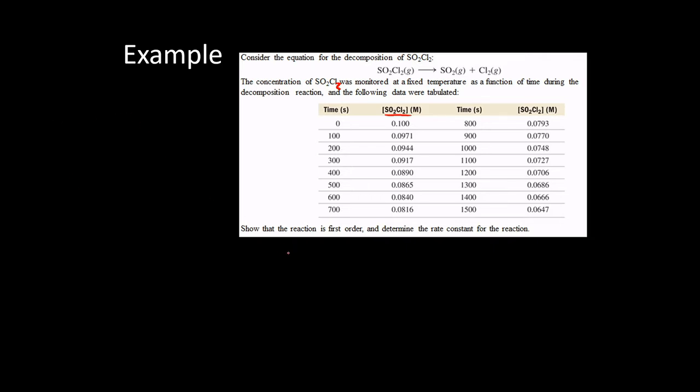So if you remember for first order reactions, if we plot this data using this equation, we should get a straight line if it's first order.